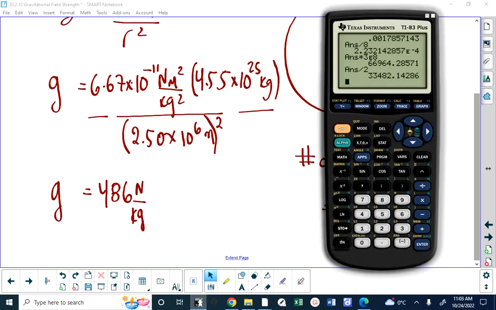If I take 486, and I'm just going to use 486 and not the decimal value, and I divide by 10, I'm just using 10 instead of 9.81 because it's a nice round number, I get 49 Gs.